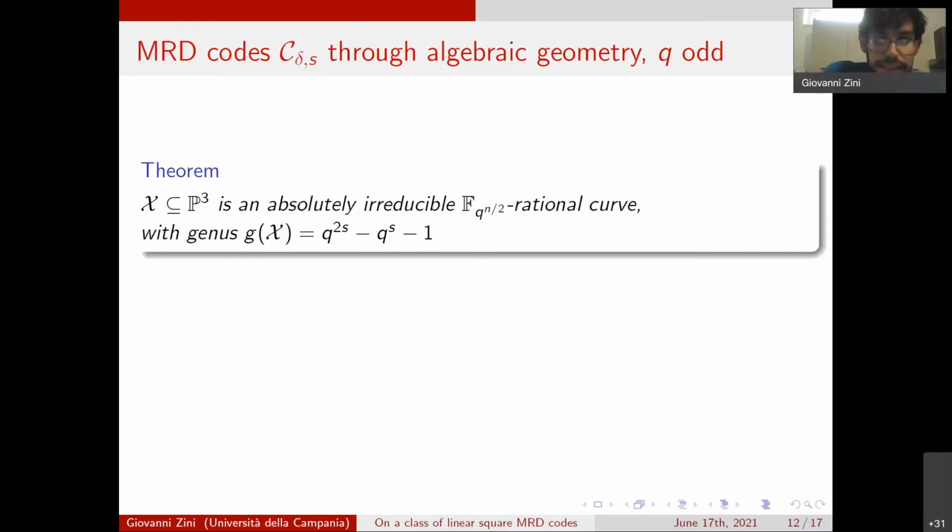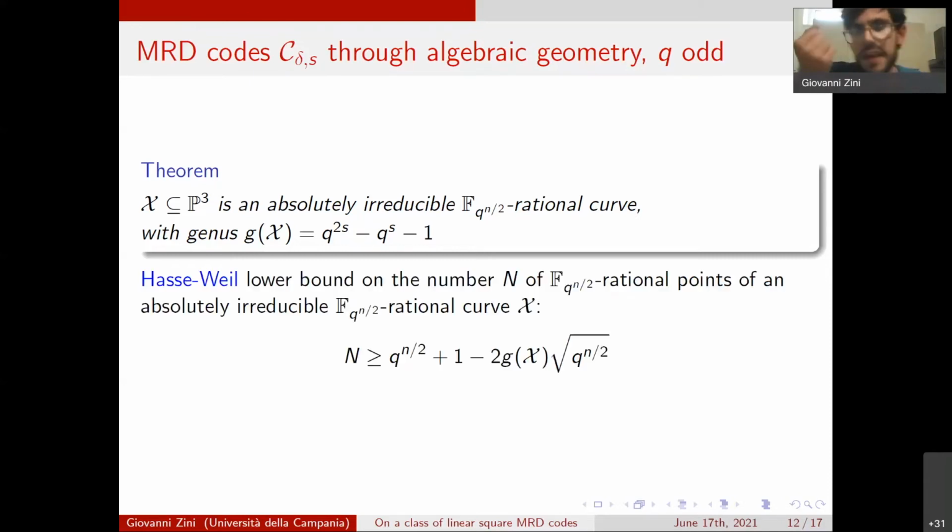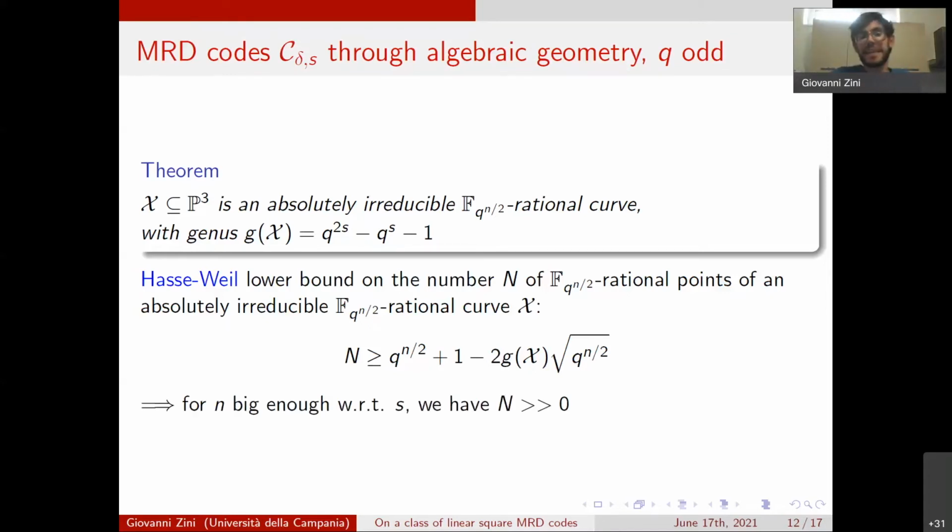With these ingredients, we could apply the Hasse-Weil lower bound on the number of rational points, which is stated on the slide here, very elegant and concise, as you can see. Well, when n is big enough with respect to the genus, that is with respect to s, this number N is positive and big enough to ensure the existence of suitable rational affine points, so that the code is not MRD.